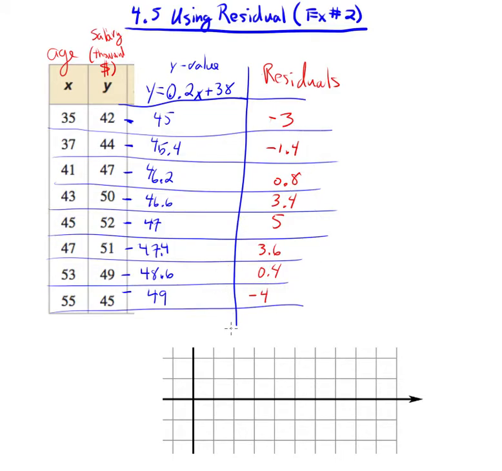So what I want to do is graph those. Grab a piece of graph paper and we're going to graph them. I'm going to go up by tens on the x values because our age goes up pretty quickly: 10, 20, 30, 40, 50, 60, and that's as high as I need to go.